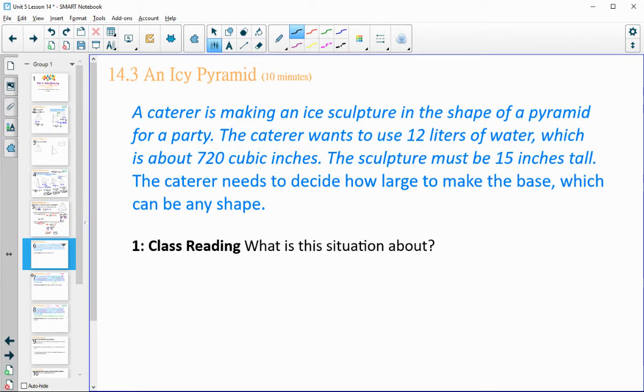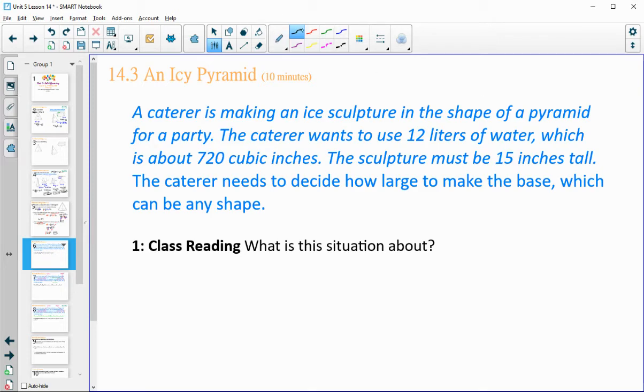All right, then let's look at an application problem here. If we read through this story: a caterer is making an ice sculpture in the shape of a pyramid for a party. The caterer wants to use 12 liters of water, which is about 720 cubic inches. The sculpture must be 15 inches tall, and the caterer needs to decide how large to make the base, which can be any shape. So what is this situation about?